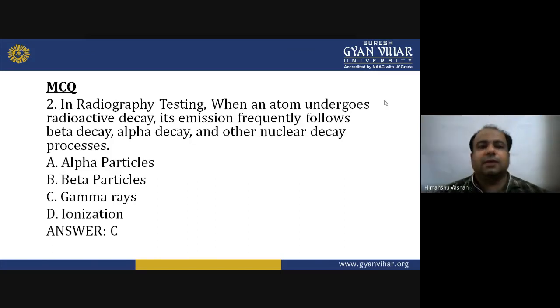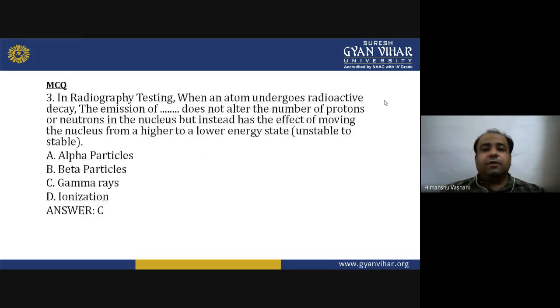It is called gamma. In radiographic testing, when an atom undergoes radioactive decay, the emission of dash does not alter the number of protons or neutrons in the nucleus, but instead has the effect of moving the nucleus from a higher to a lower energy state. What do we call it? We call it gamma.